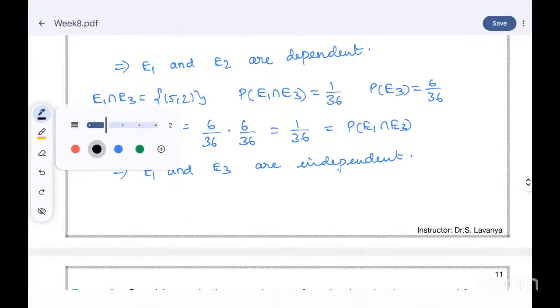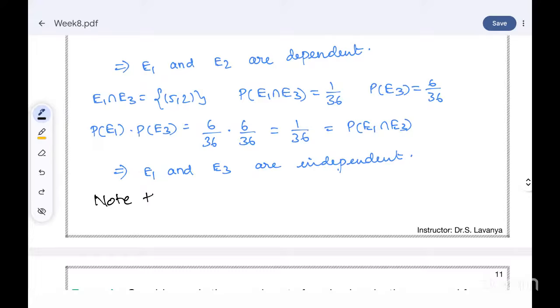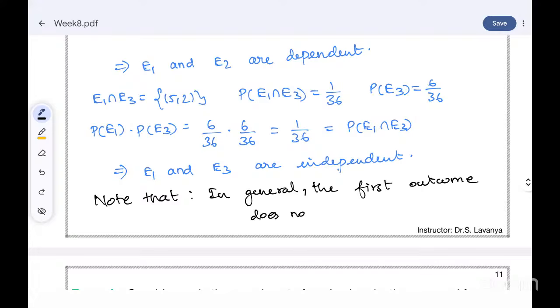So here note that in general, the first outcome does not affect E3, right?